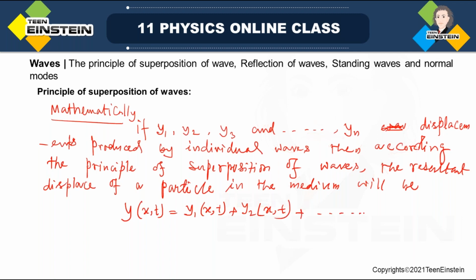Okay, so this goes up to yn. So these are the displacements produced by individual waves for the particle in the medium.